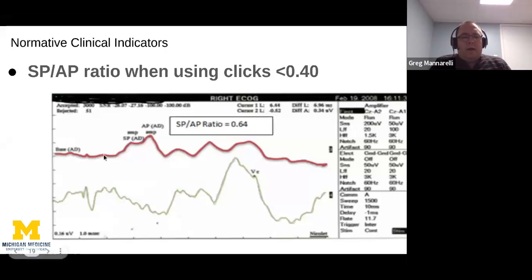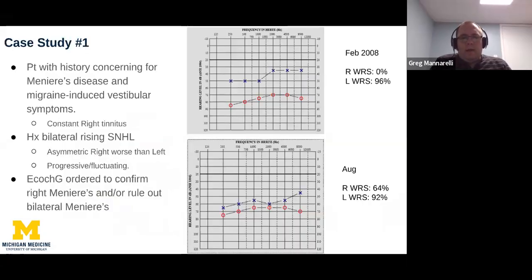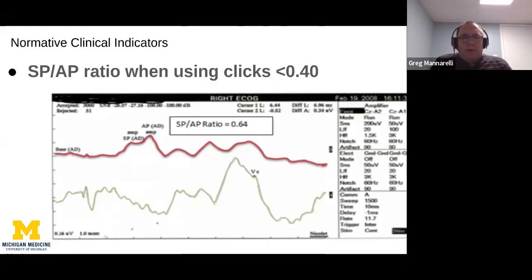Also, just eyeballing it, you can see that this response is well over 40% of the amplitude of this one, so you could tell it's abnormal just by glancing at it without even measuring it. So that's how you interpret it: you're looking for a ratio of 0.4 or less.